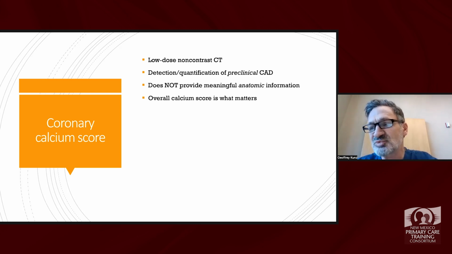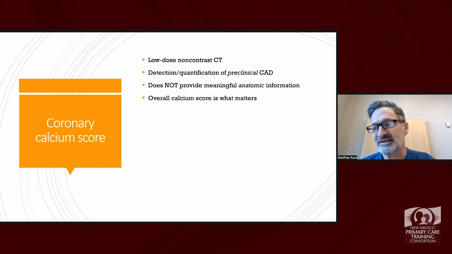It correlates with overall aggregate risk for coronary events. It does provide the diagnosis of coronary artery disease. It does not tell you whether you have blockages in the arteries. It doesn't tell you if you have flow-limiting lesions. It does not tell you where problems might be in the coronary tree. You can look at it sort of like a cholesterol measurement or smoking status.